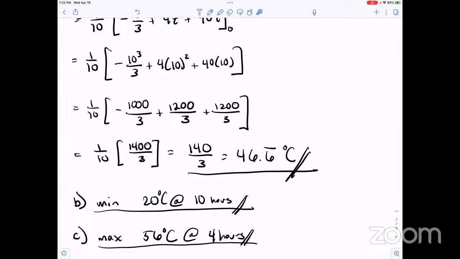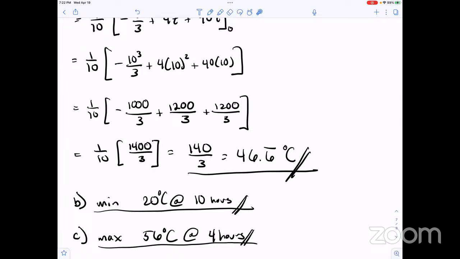Professor, I can't see you typing. Yeah, I'm just doing it on my phone. Let me just check it here. 46.7. If I can get it to work properly, it's going to throw a tantrum. 46.7 is correct for part A. The minimum temperature we got was 20 degrees Celsius.